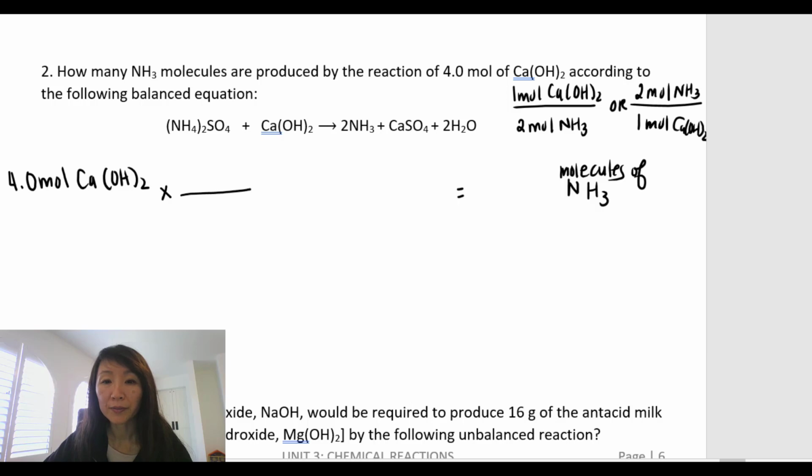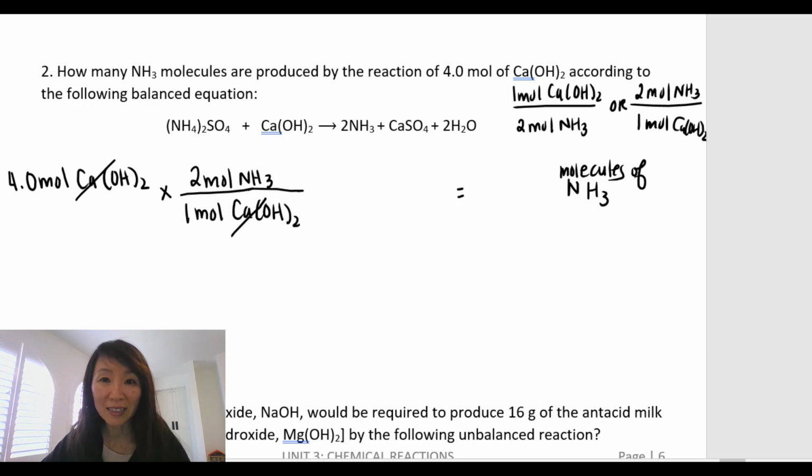The second one: 1 mole of calcium hydroxide, and then 2 moles of NH3. Great. The calcium hydroxide has been canceled, and now I'm left with moles of NH3. That still doesn't lead me to the molecules of NH3.